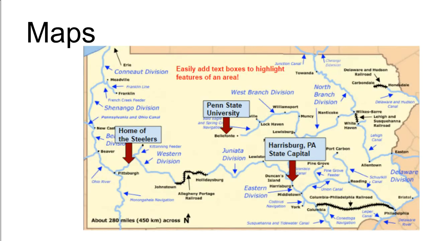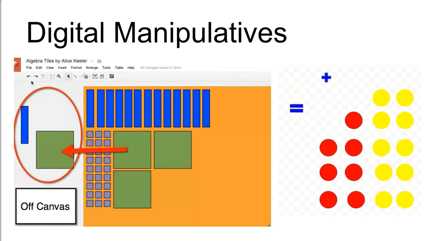Maps, we talked about maps and how you would pull a map in and allow the students to annotate on it. Or maybe you are going to create the annotations and let the students actually put them in place. Digital manipulatives. We did a little bit of this in the beginning of my session with the yellow and the red.